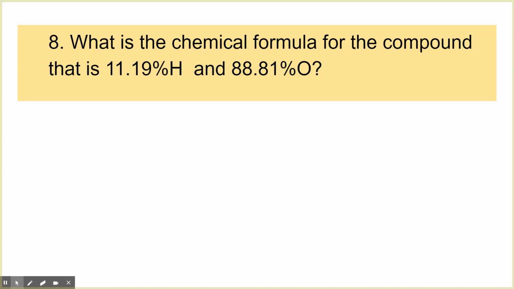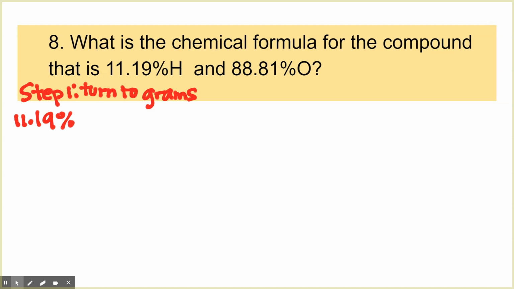Step one is you want to turn it to grams, and this is super simple. You just drop the percent sign and turn it into grams. So 11.19% of H simply becomes 11.19 grams of H. How about for O?